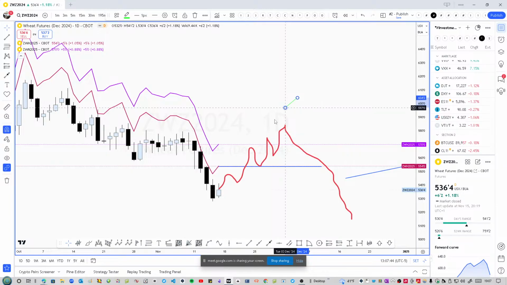Because if it goes up, then you are happy that you get wheat for this price, and you can immediately go in the market and sell it for the higher price. What will you make? You will make profits.